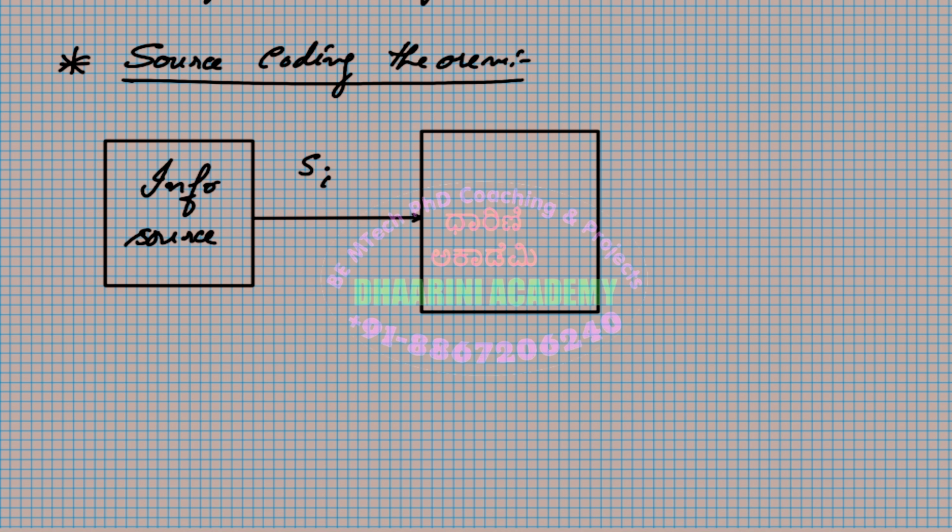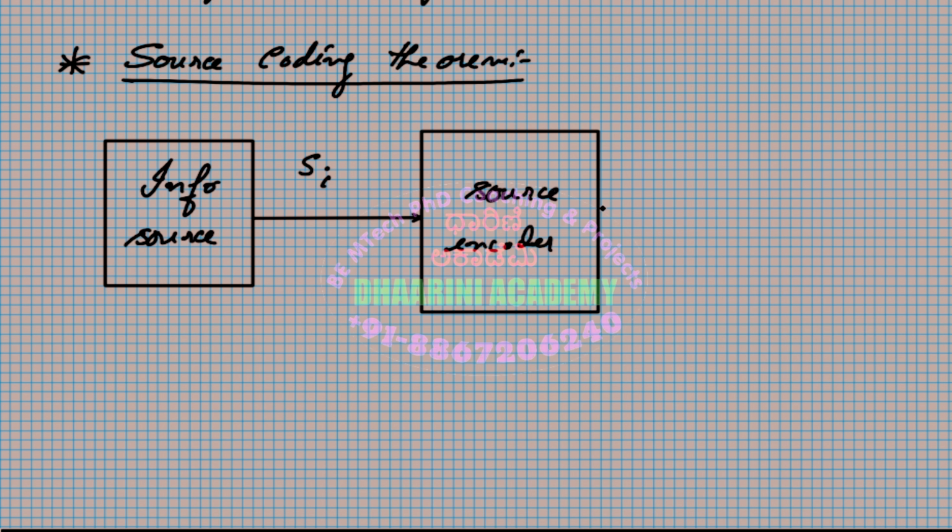So SI is the set of symbols being generated, and there is a source encoder performing the encoding operation. Once this encoding is done, we get an output, which we call BI. SI gets converted into BI. The source encoder is the one that generates this encoded information, BI.